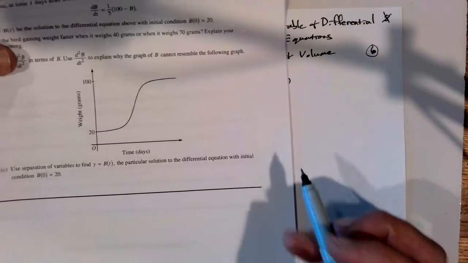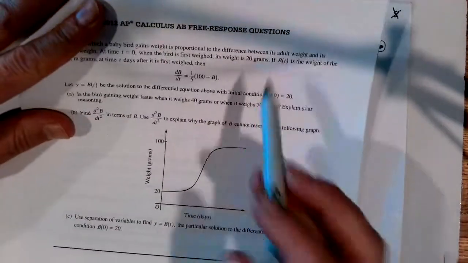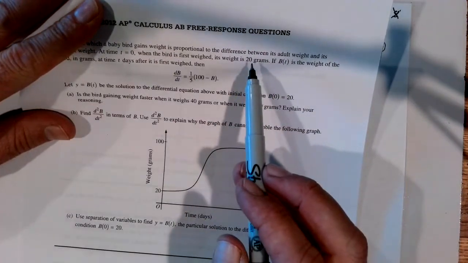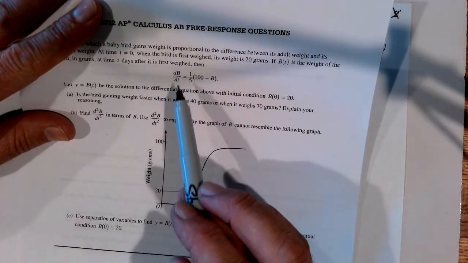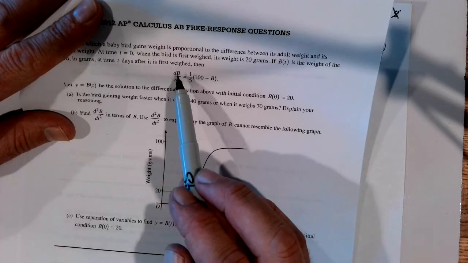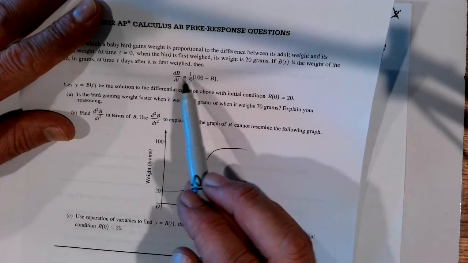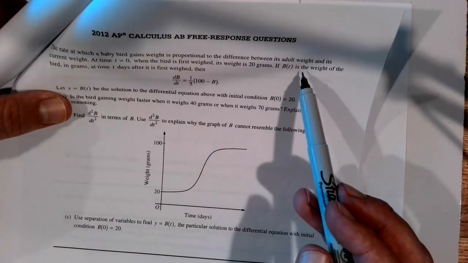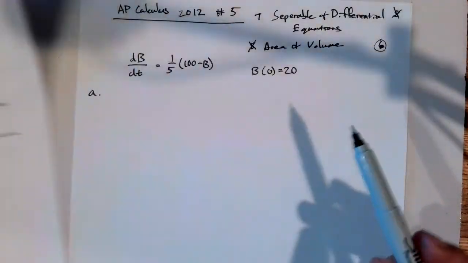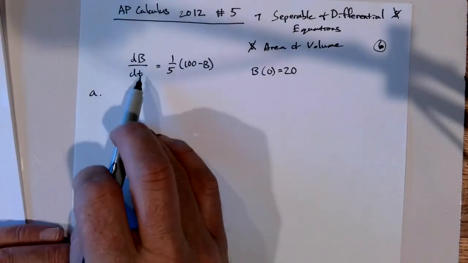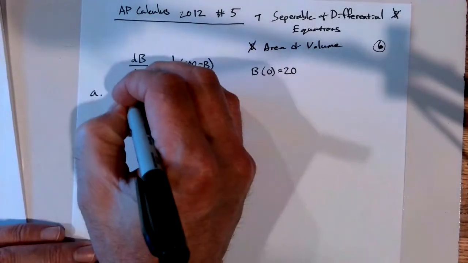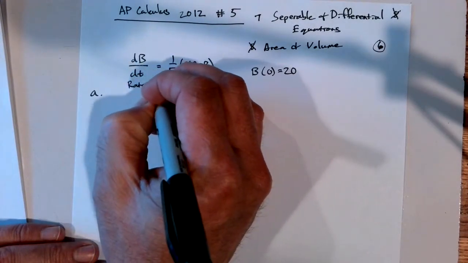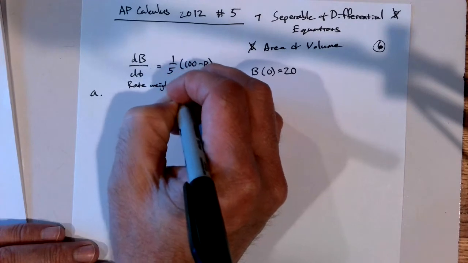But it talks about a bird, and the bird is born and it weighs 20 grams, okay? And this is the rate. So dB over dt, that's like saying B prime is equal to this guy. So the B is the weight of the bird. So this is the rate at which the weight is changing.